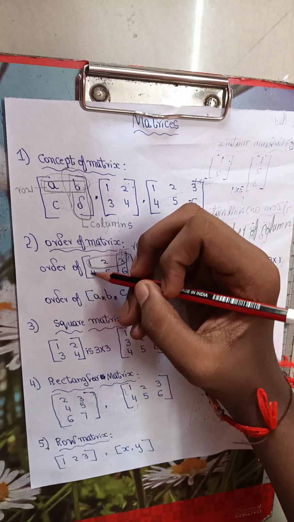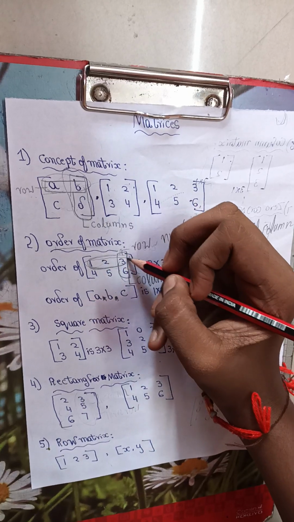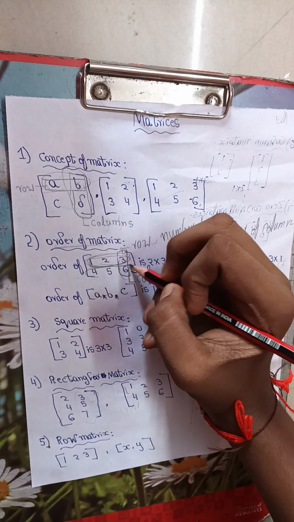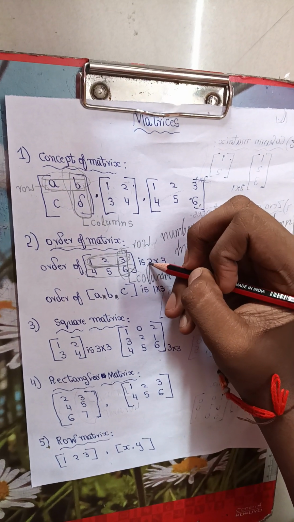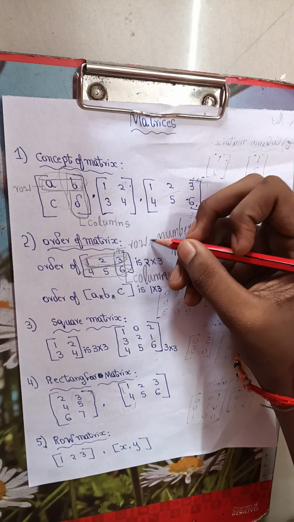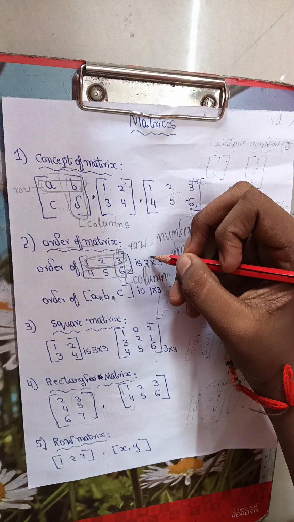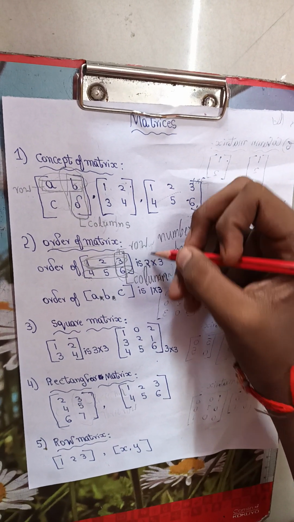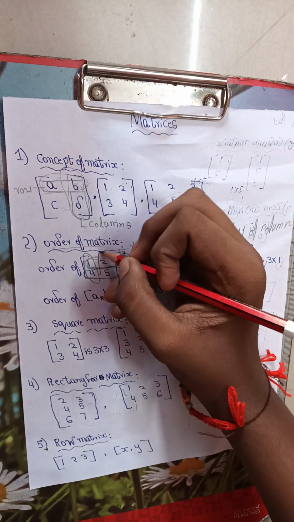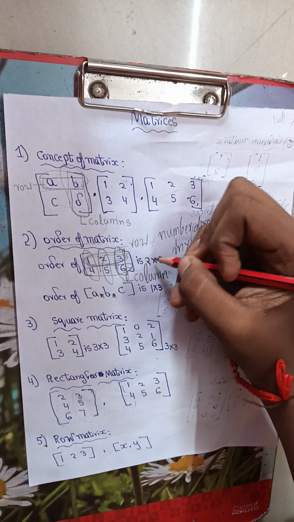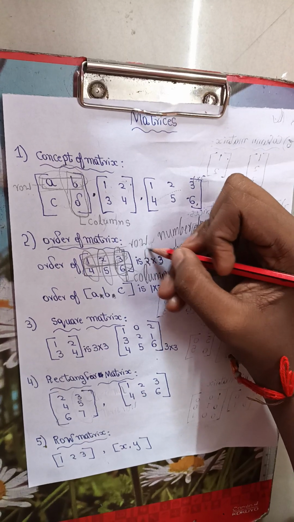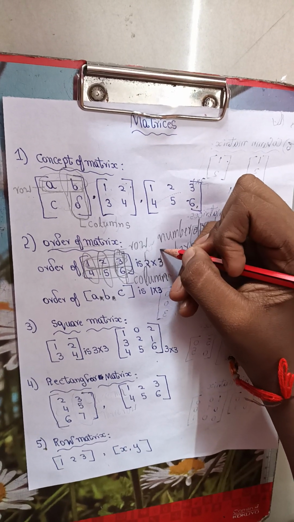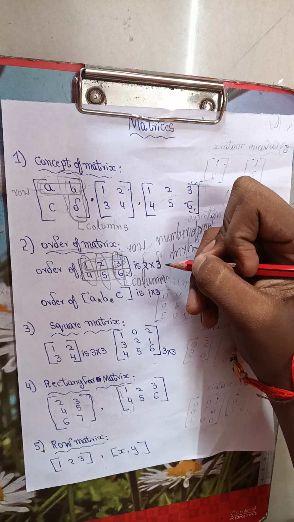There are 2 rows, 1 and 2, so I wrote 2 here. And how many columns are there? 3 columns. Then I wrote this as 2 into 3. 2 means rows and 3 means columns.